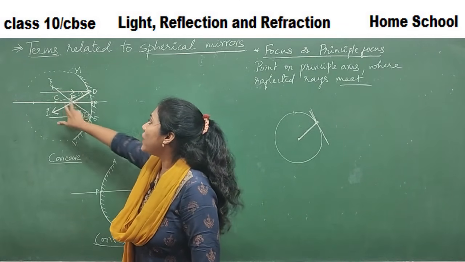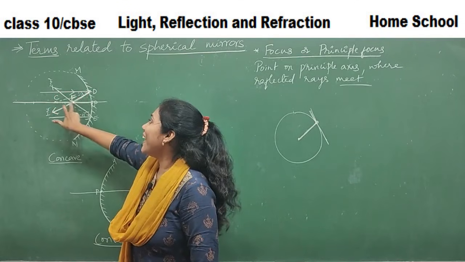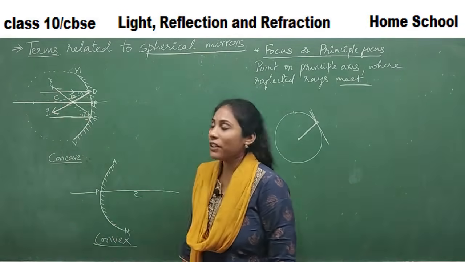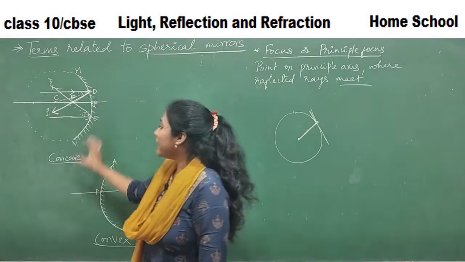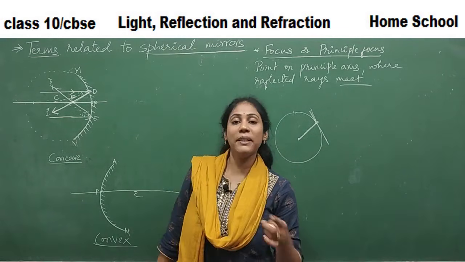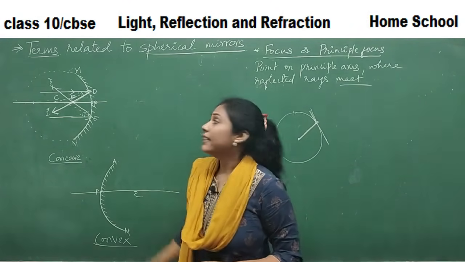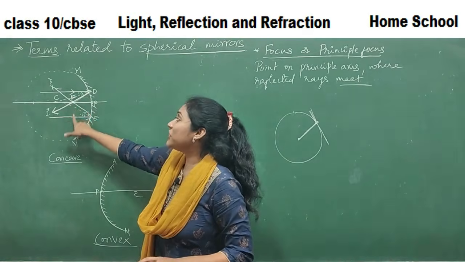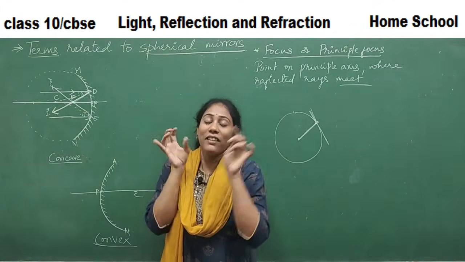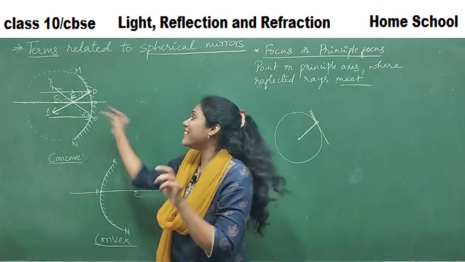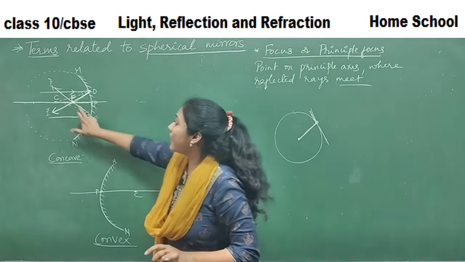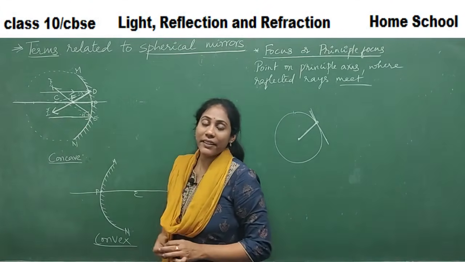All reflected rays will meet at a certain point. Which mirror can you call it: converging mirror or diverging mirror? See here what is happening: convergence of reflected rays is observed. All rays are meeting at one point, right?